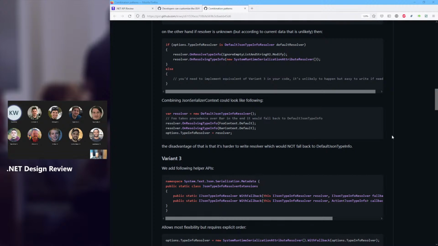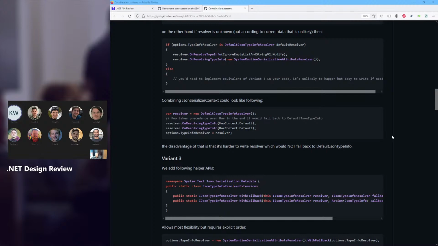Looking at how people used the contract resolvers with Newtonsoft JSON, I'm calmer about using either 2 or 3. I think 99% of the cases will be solved by just adding variant 2. Variant 3 is fine as well.